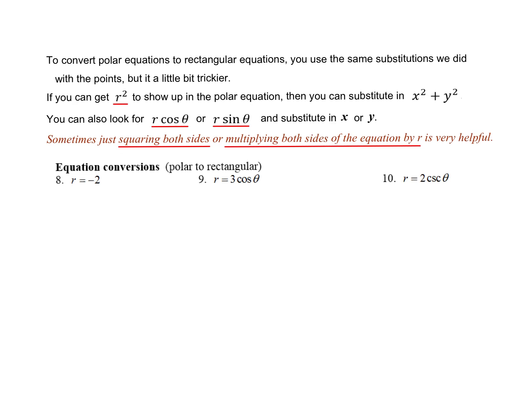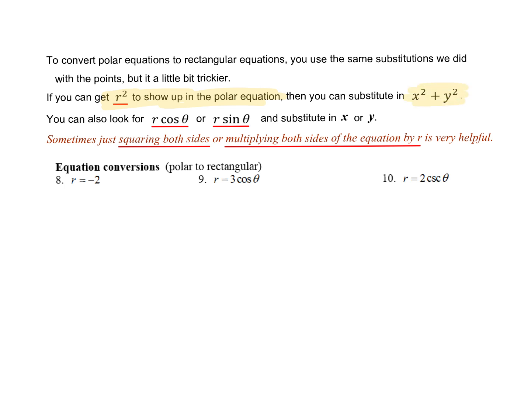So to convert polar equations to rectangular, you use the same substitutions, but it's a little bit trickier. If you can get an r squared to show up, so it might not be in there already. In fact, most of the time it's not. But if you can get this r squared to show up somehow in a polar equation, then you can replace it with an x squared plus y squared. But look at our equations.